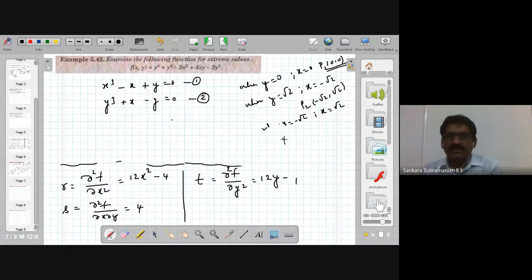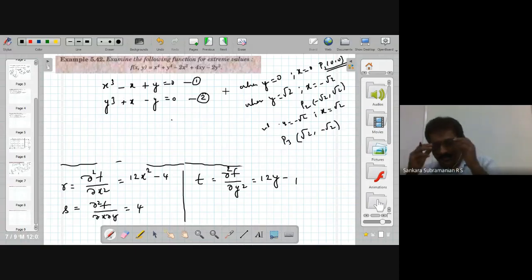So the third stationary point here is x is equal to root 2, y is equal to minus root 2. And therefore, this can be taken as a column. We can find the R, S, T at this particular stationary values. Then we find RT minus S square. Then we come for the conclusion. So therefore, we have 3 points. You take it down.